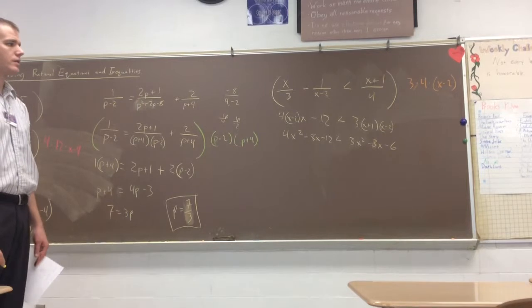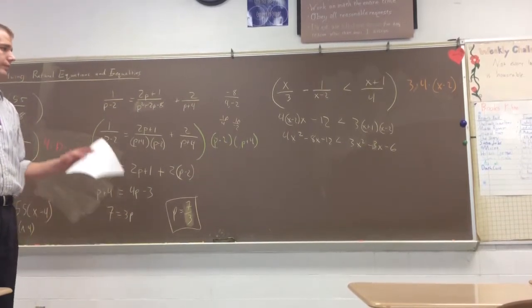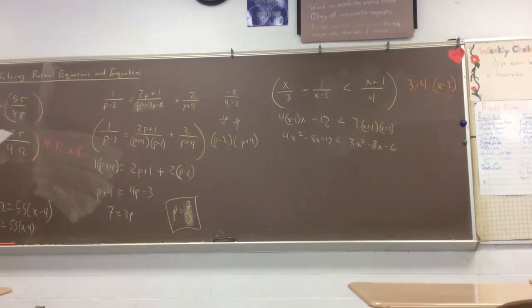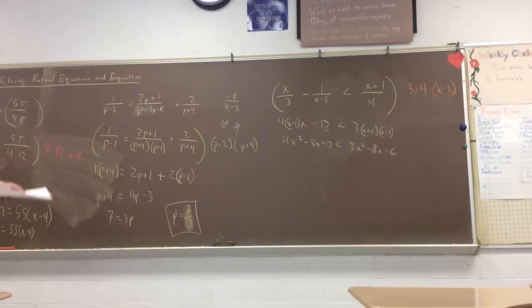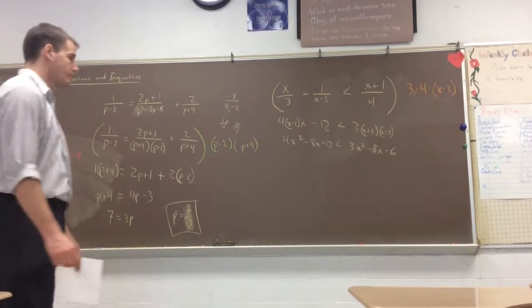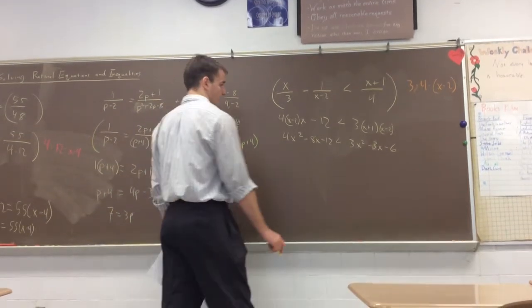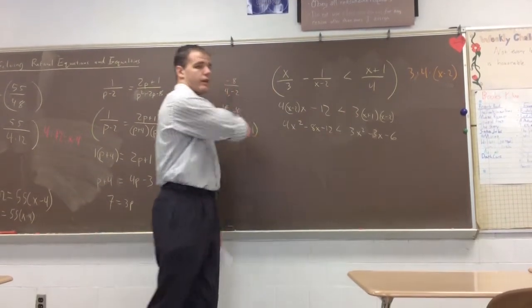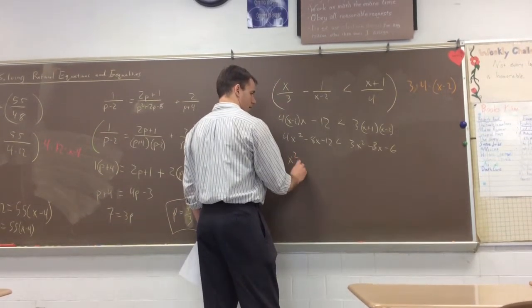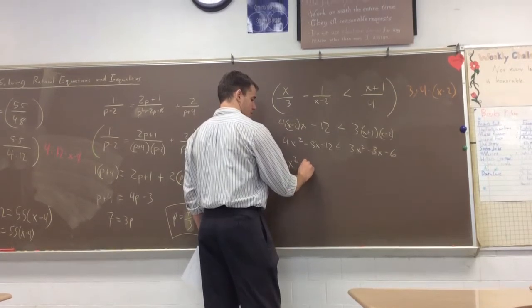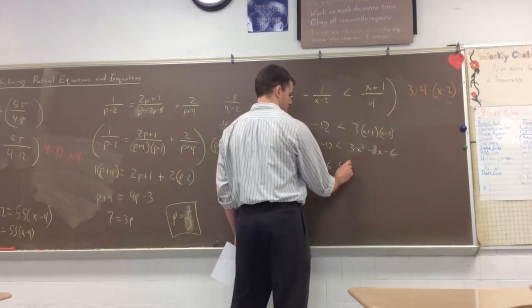Check my numbers there. Then we're going to get everything onto this side. x squared minus 5x minus 6 is less than 0.